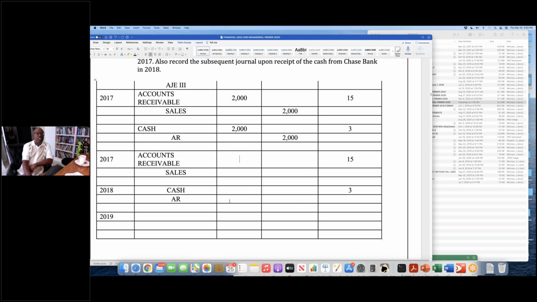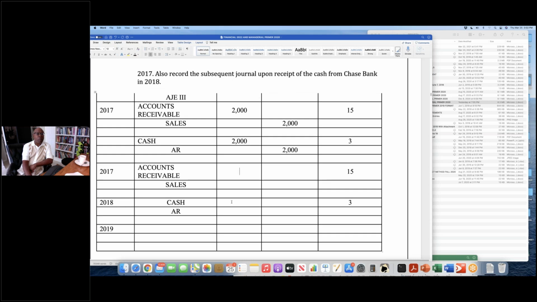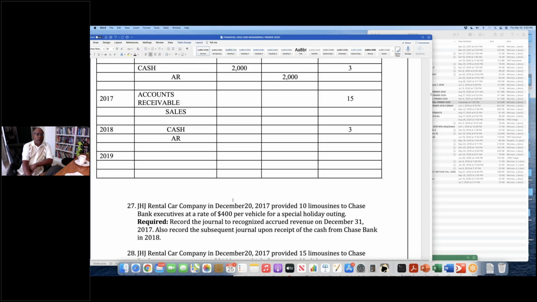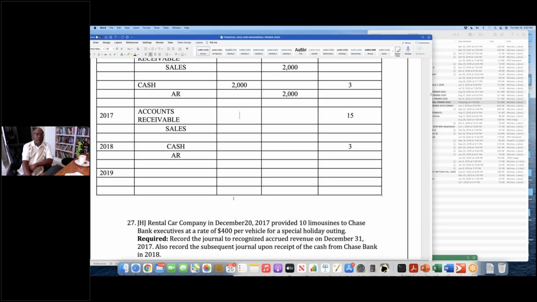So what's the account receivable amount going to be? $4,000. And what's going to happen here when we get the cash? Wouldn't it be the same numbers? 4,000.